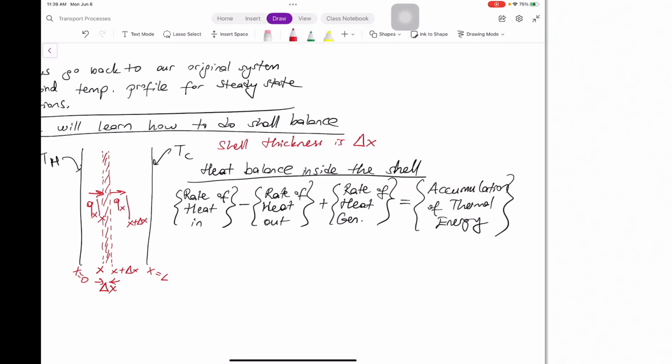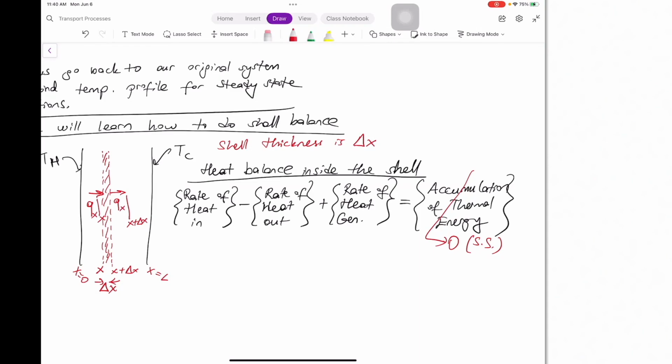Would it be accumulation? Exactly. And who's speaking? Christina. Thank you. Yep. That's the accumulation. So it's steady state. Nothing is going to change with time. So there's not going to be any accumulation. Exactly. Steady state means no change with time.